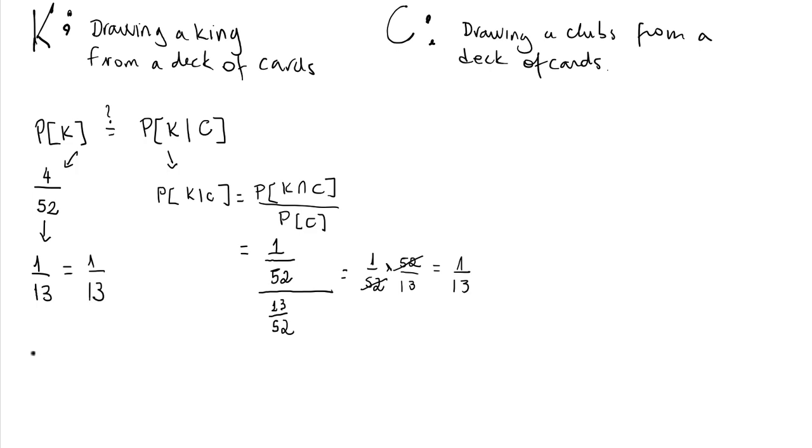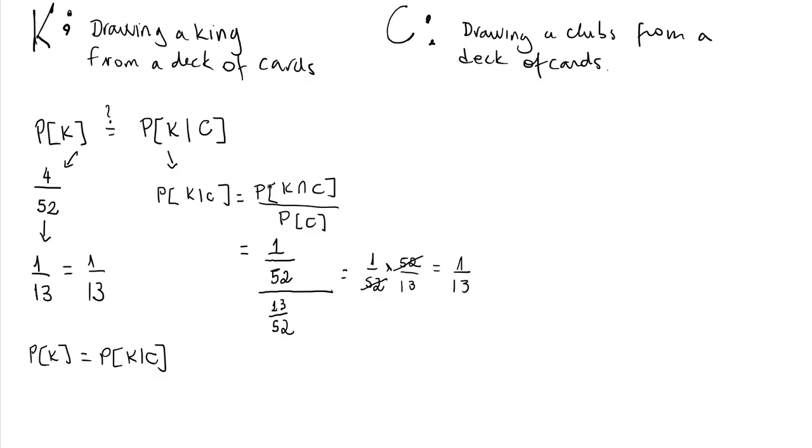So yes, P of K is equal to P of K given C. Okay? So these are independent events. Drawing a club doesn't tell you anything about augmented or increased chances of drawing a king.